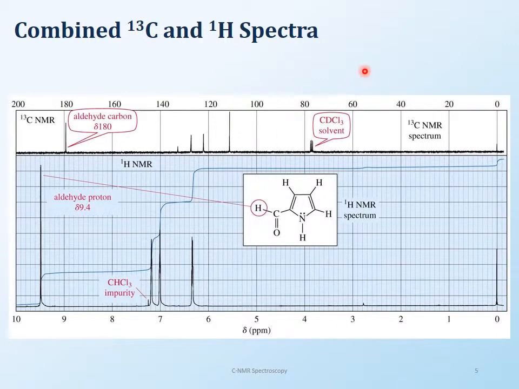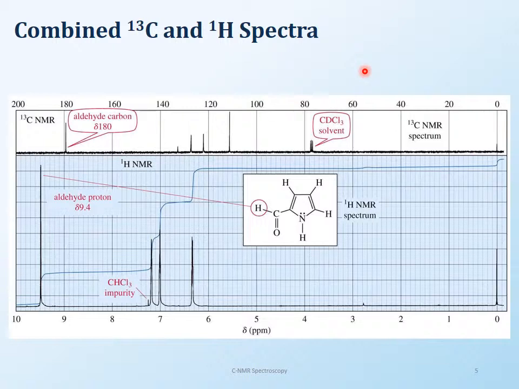One thing I should also mention to you is that when you do carbon NMR, you have to change something in the instrument, okay? Proton NMRs are run with a different probe, as we call them. The probe is the sample holder, and the carbon-13 is done with a different probe, with a different sample holder. So when you switch from one to the other, you have to change the probe.